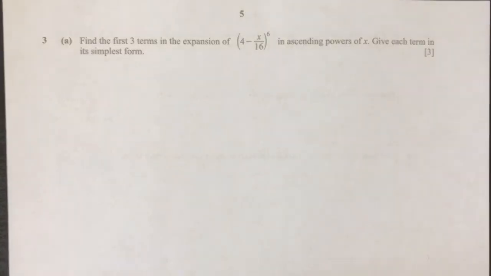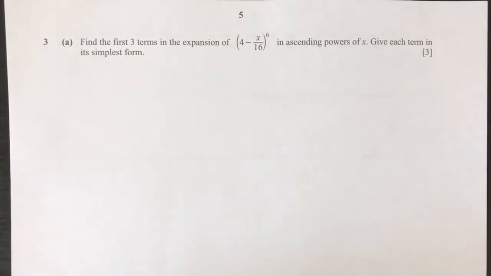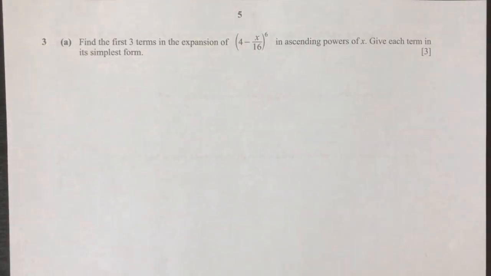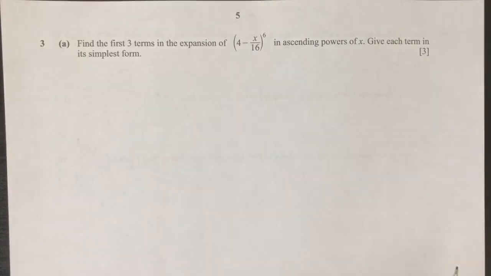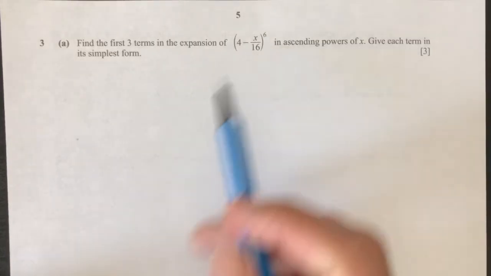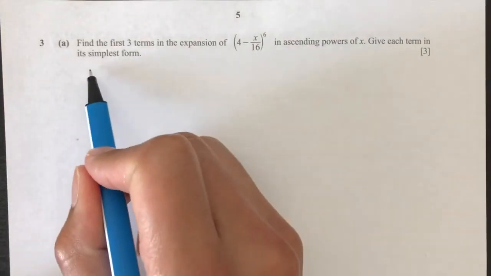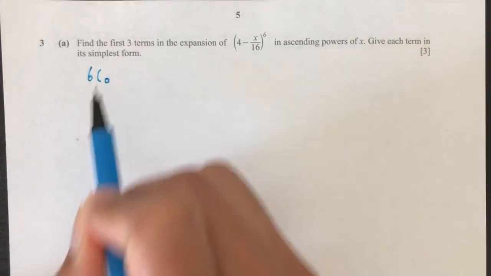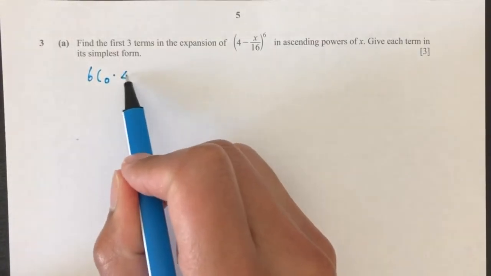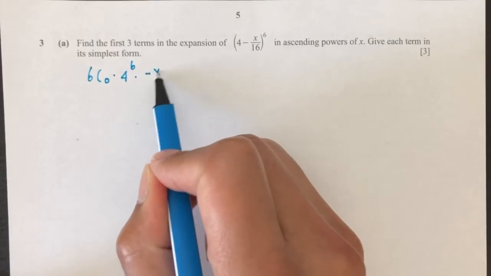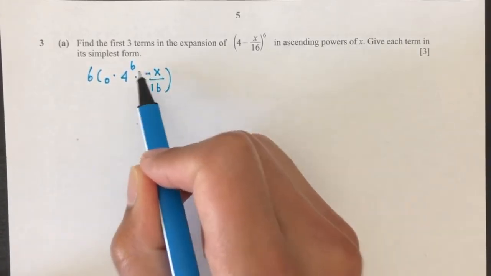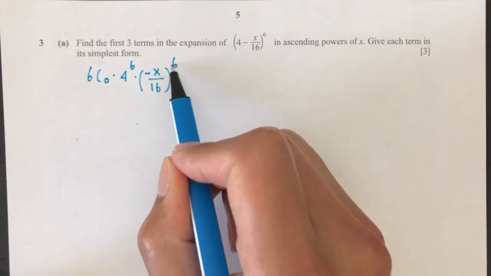Now question number 3, we have part A. Find the first 3 terms of this expansion. In ascending powers of x, give each term in the simplest form. So I hope you guys know how to do this by now. So pretty easy. Term by term, the first term will be 6 choose 0 times 4 power 6, times minus x over 16 power 6 minus 0 is 6.